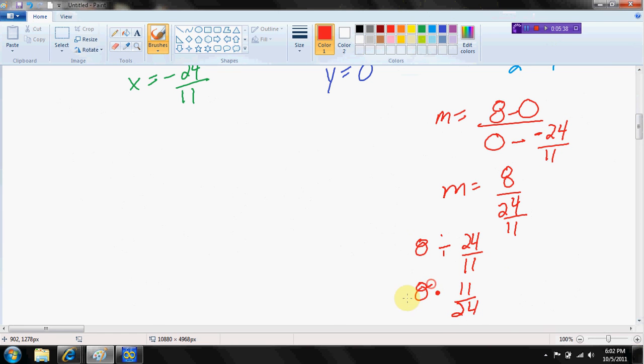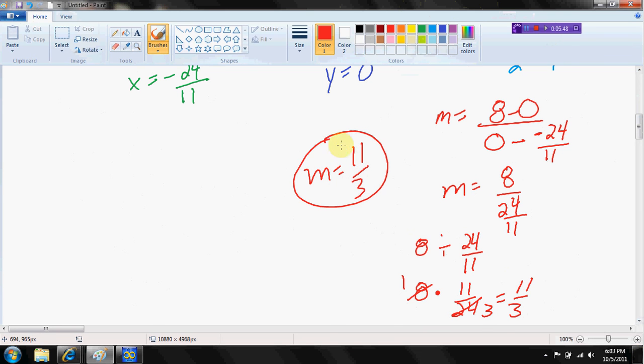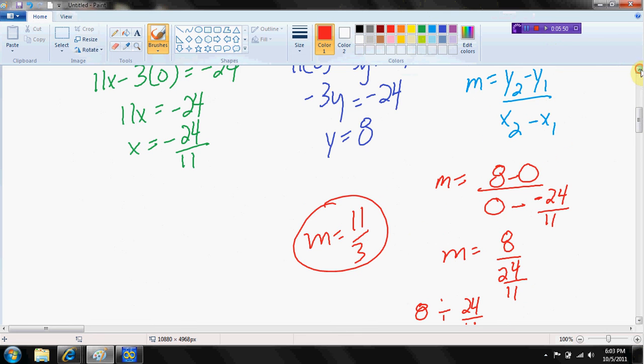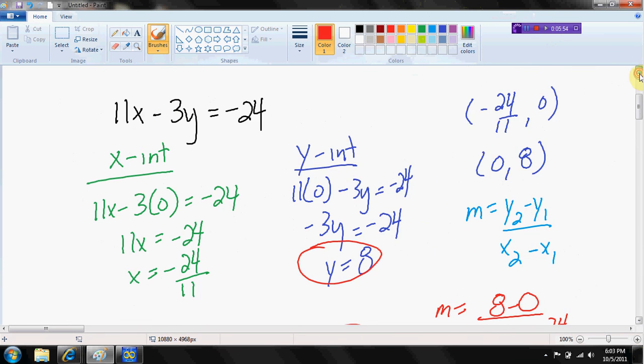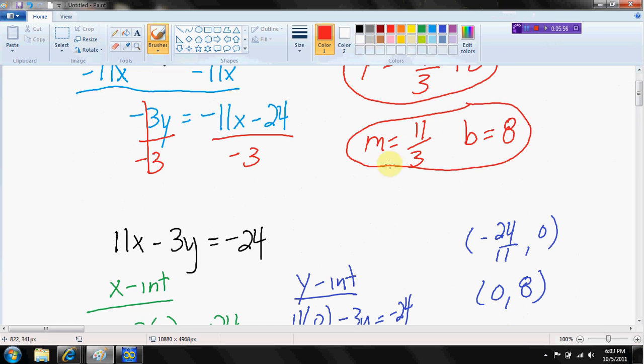We can cross cancel and we get 11 over 3. So our slope is 11 over 3. Our y-intercept is 8. So we could do it that way as well. If you look back up here, that's what we said. Slope 11 over 3, y-intercept 8. So two different ways you can do it.